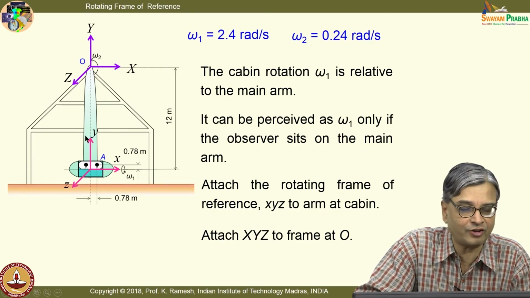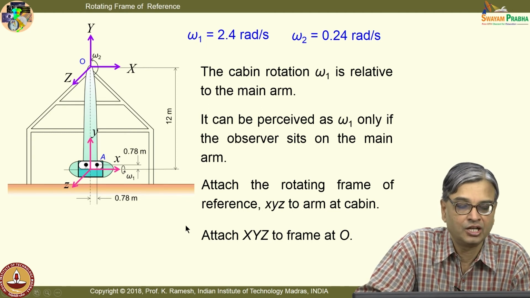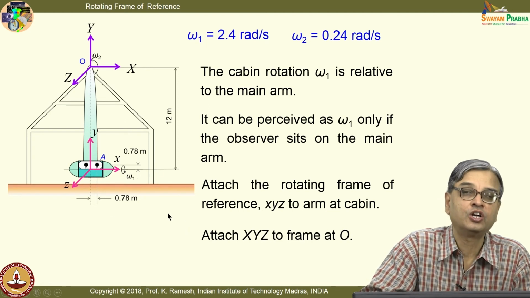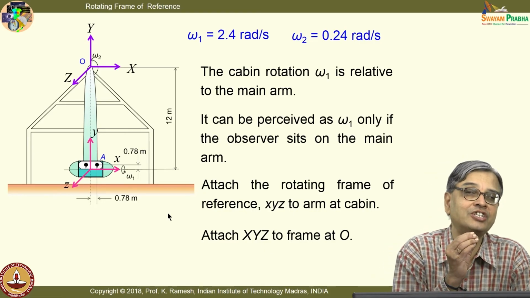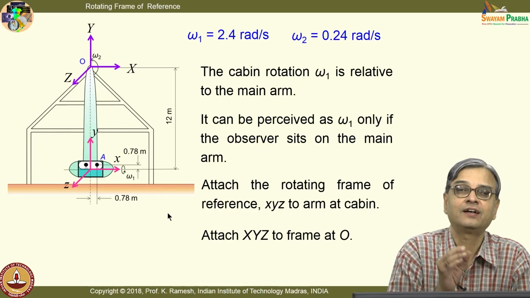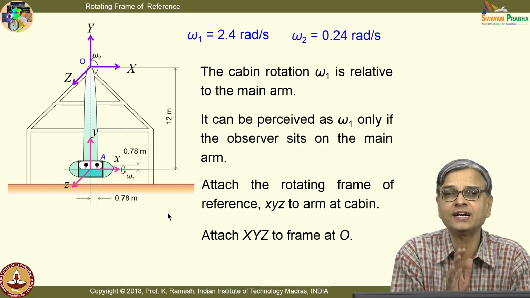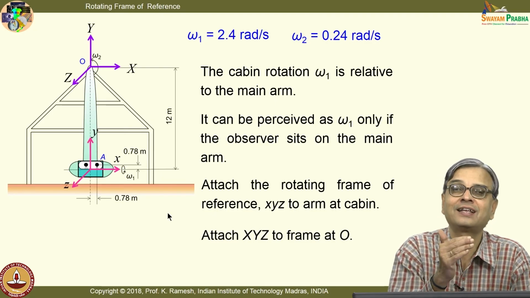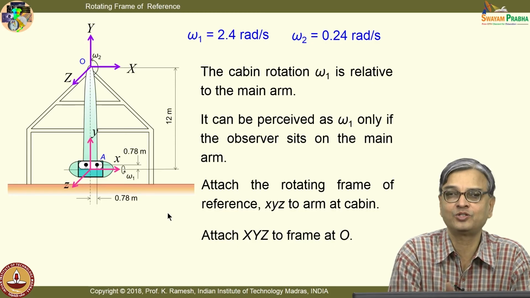But if I attach the rotating frame right on the cockpit, many of my calculations become simple and straightforward. So, in all these problems, your first decision is where do I attach the fixed frame of reference, and where do I attach the rotating frame of reference. If you do that carefully, the rest of the problem is only simple mathematics, which you will have to take care of.